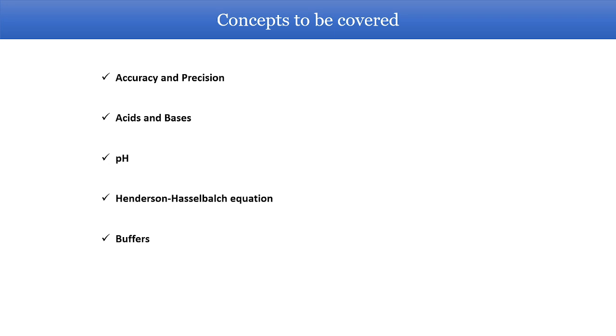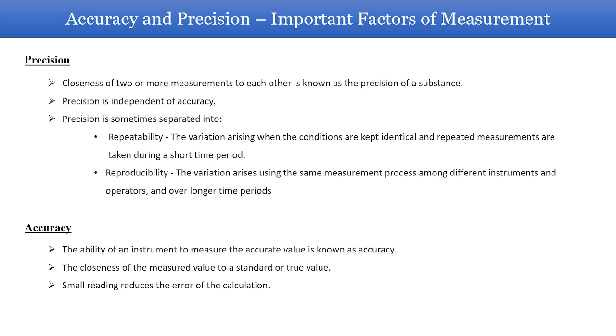Then mostly we would be speaking about the concepts of water, ions, acids and bases, pH, the Henderson-Hasselbalch equation, and buffers. So let us start with accuracy and precision, which are the two sides of the coin when we talk about measurement.